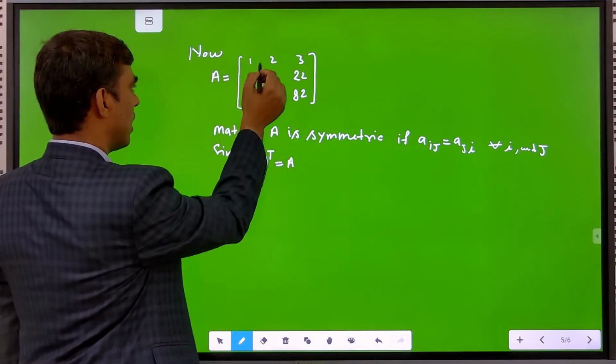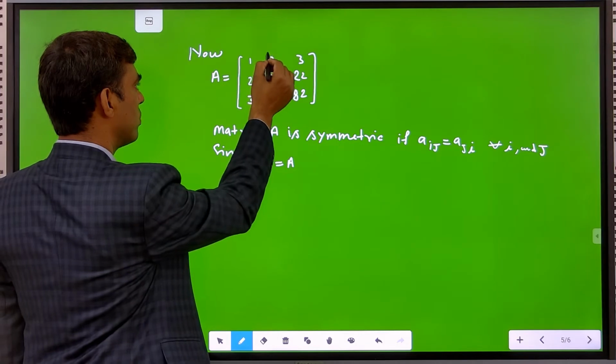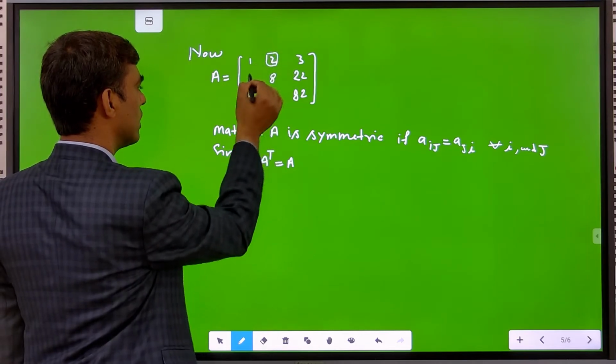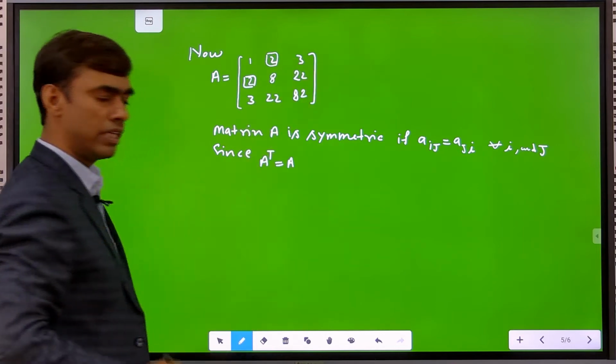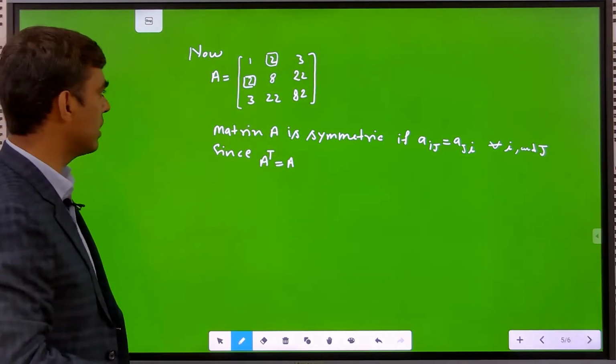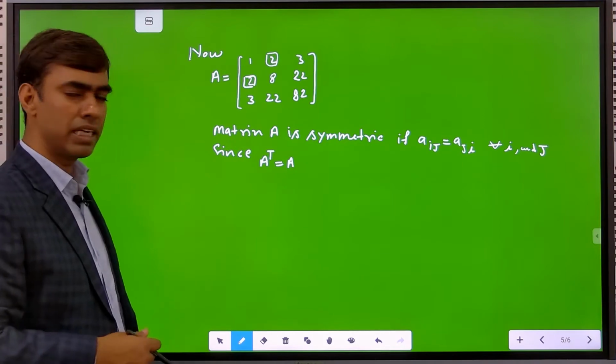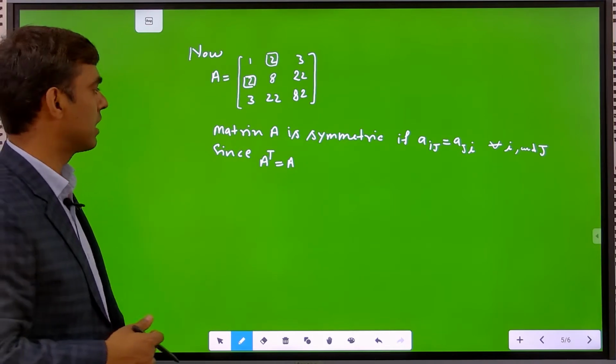Diagonal elements are obviously equal, A12 equals A21, A13 equals A31, that is, first row equals first column, second row equals second column, and third row equals third column.